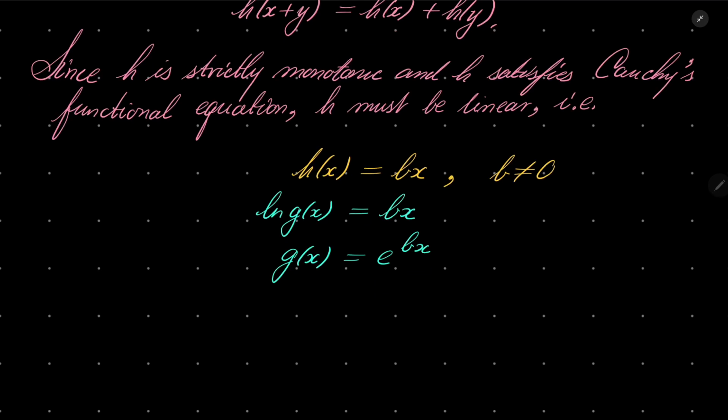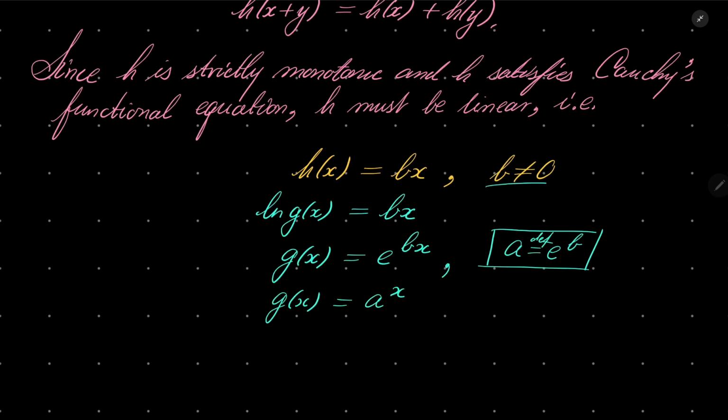Or we can make a substitution right now. Let's define a to be e to the power of b. And we see that g of x actually equals a to the power of x. And notice that b was not 0, so a is not 1.